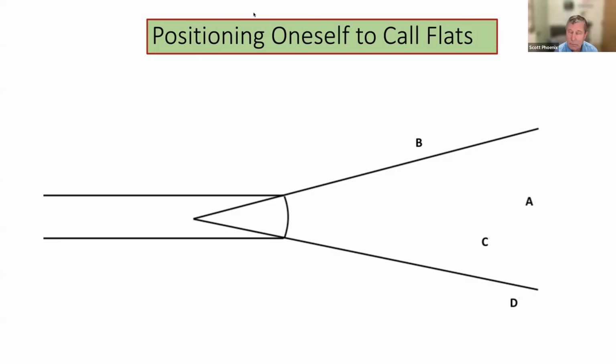Okay. Well, the accepted wisdom is to be outside of the sector. So B and D are outside of the sector. And a little refinement to that is try to be as perpendicular to the landing of the javelin as possible.